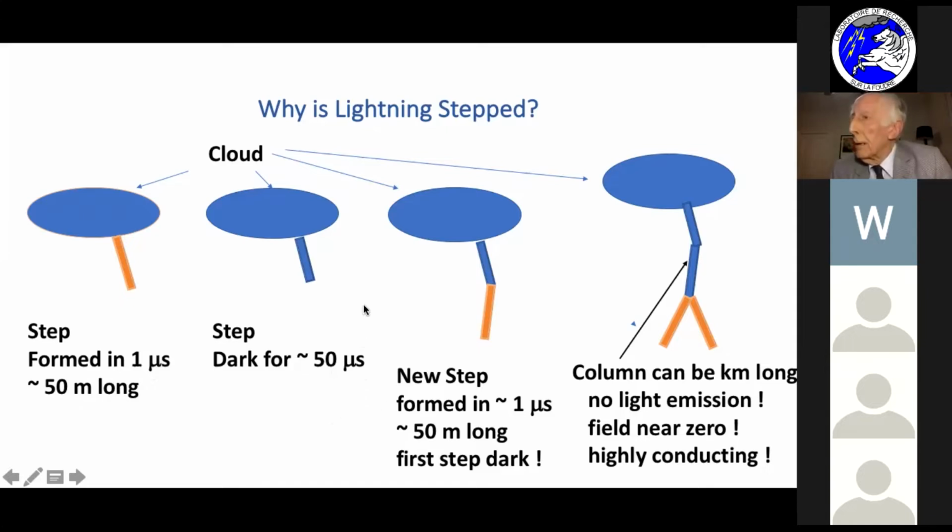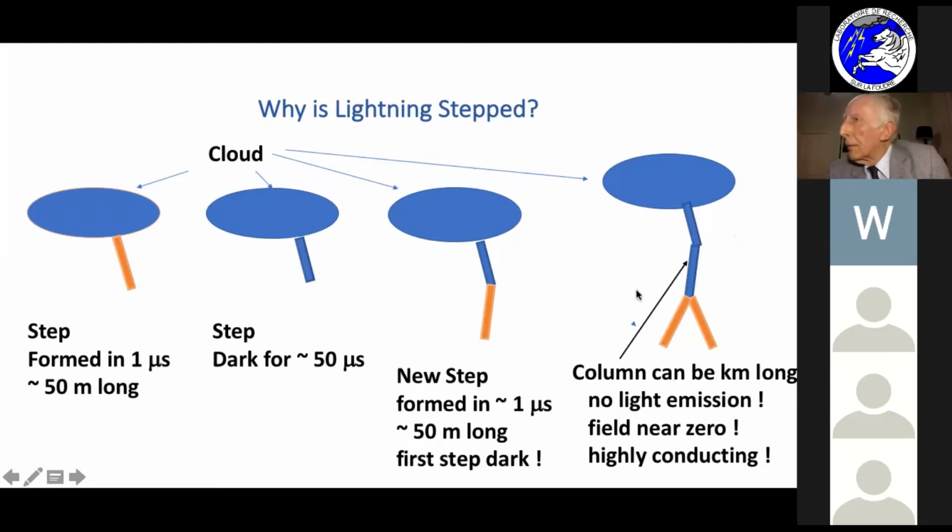Then a next step starts, also 50 meters long, also in a microsecond, and it starts at the end of the first step, but the first step doesn't relight. Then after a microsecond, this step goes out and is dark, like the first one. And then after another 50 microseconds, you can get a third step, and it can branch, and you get branching of branches and the like.